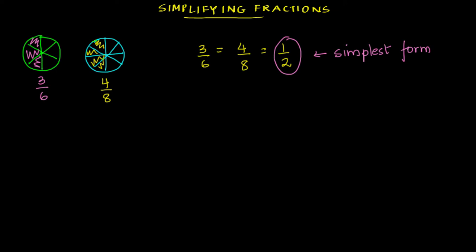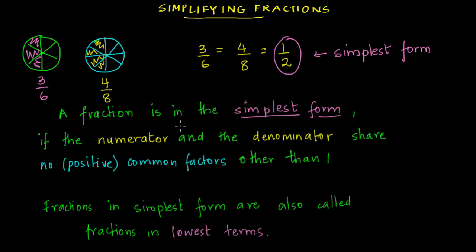Let's look at a formal definition of the simplest form of a fraction. A fraction is in the simplest form if the numerator and the denominator share no common factors other than 1. If you look at 3/6, 3 and 6 have a common factor that is 3.